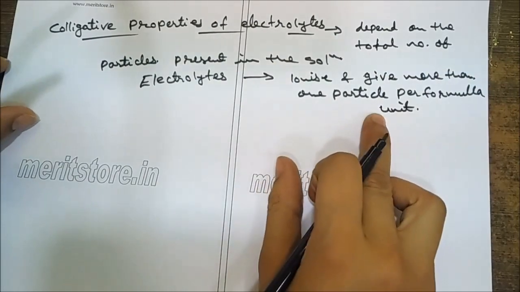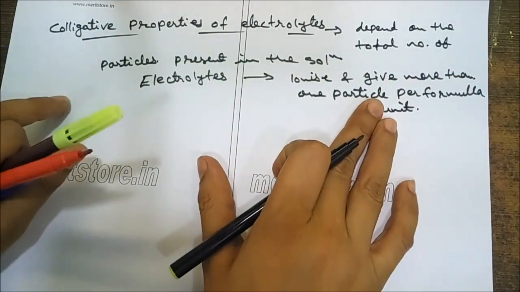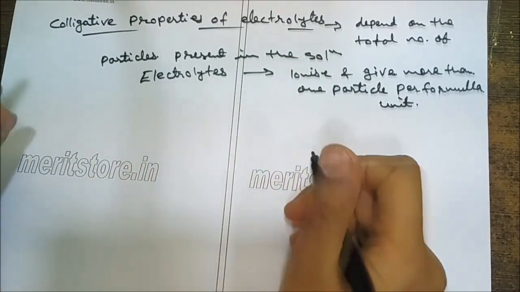So the colligative properties of an electrolyte is always greater than that of a non-electrolyte.